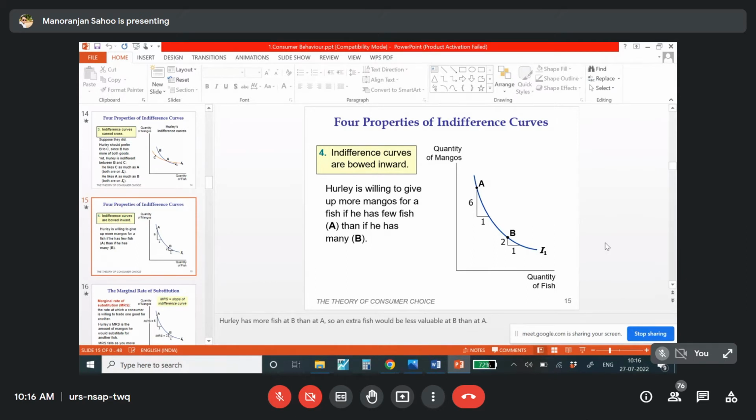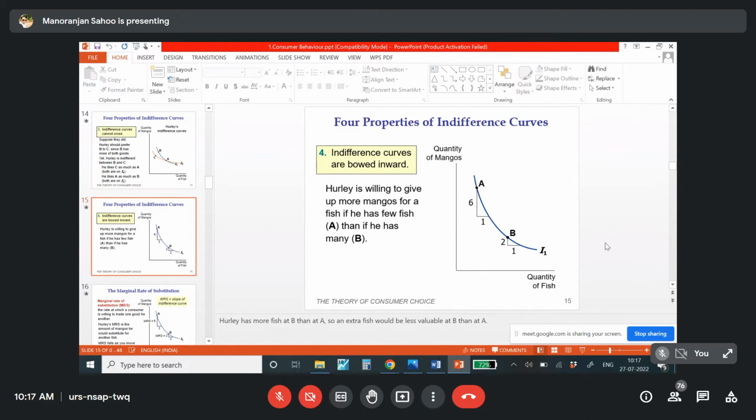This is the important property. The slope of the indifference curve is equivalent to the marginal rate of substitution, and the slope is not constant, it is declining as you move down the indifference curve.